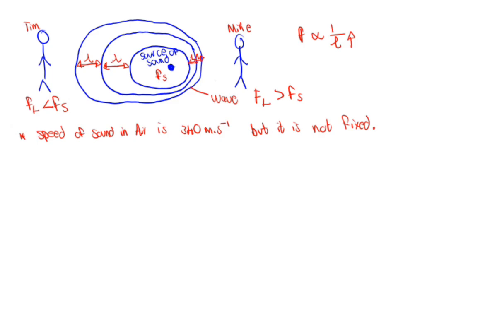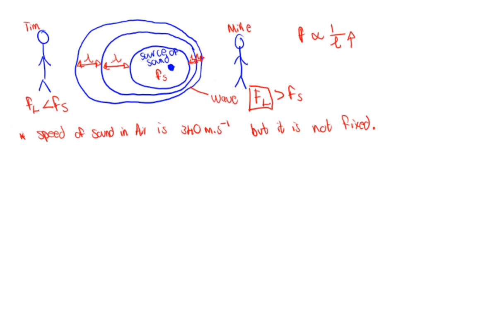So the formula to calculate the frequency of the listener: right now we are going to come up with a formula that will help us calculate the frequency Mike detects as the source of sound is moving towards him, as the car is moving towards Mike. And we are going to calculate the frequency of sound detected by Tim as the source of sound is moving away from him, right?